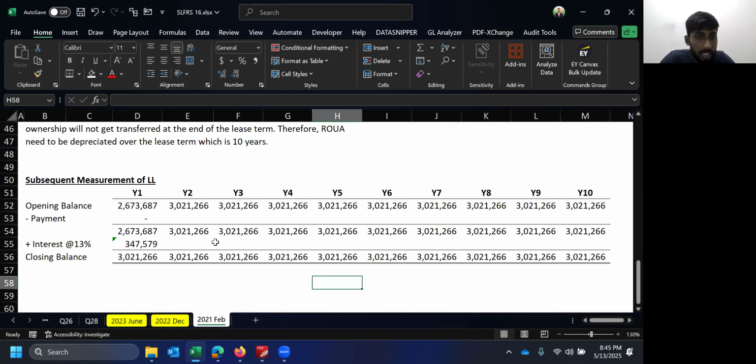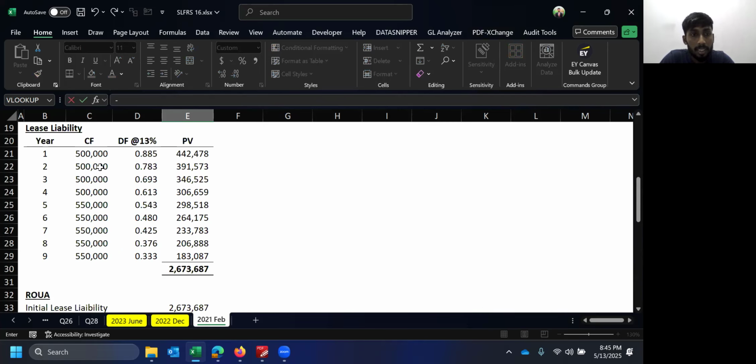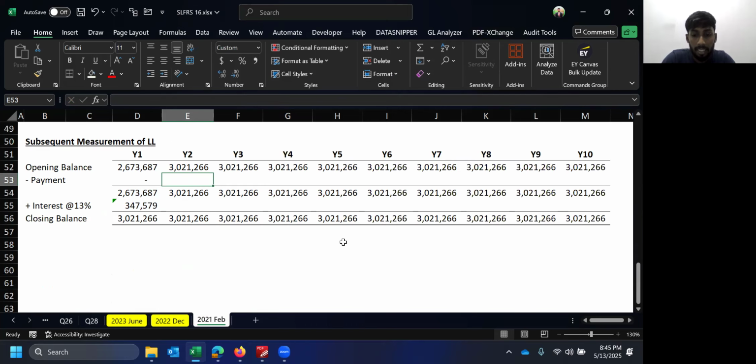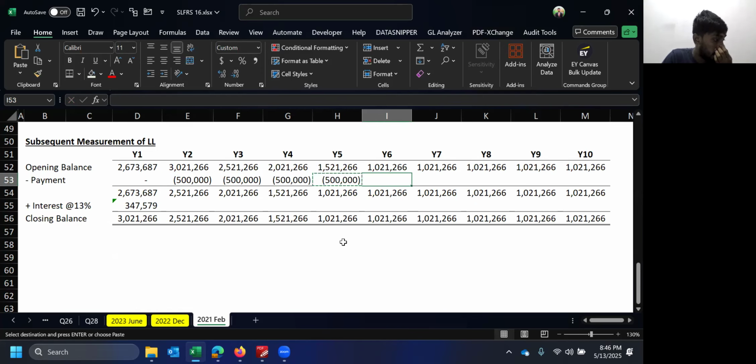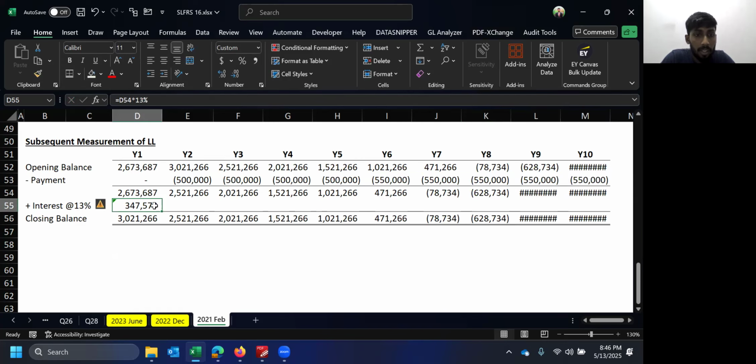Okay, done. Then payments. Payments we have to mention. So I will just directly put here 500,000. So we are paying 500,000 for these 5 years. Then it will increase up to 550,000. Okay. Then I have to add interest.